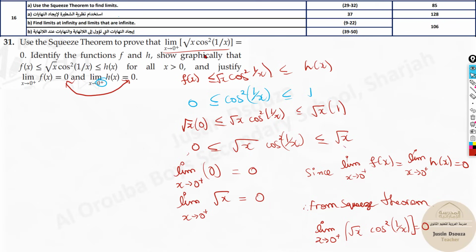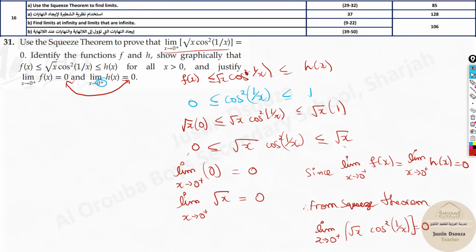But otherwise, it's very hard, though not impossible. Obviously, it's possible to do, but it'll take so much time that I personally would not graph it. Even if I'm going to lose marks, it's fine. I would just write this and move on to the other problems. And if you have so much time remaining, then try graphing it if it's mentioned. I hope that's clear. And this is the answer. Please pause the video and see.